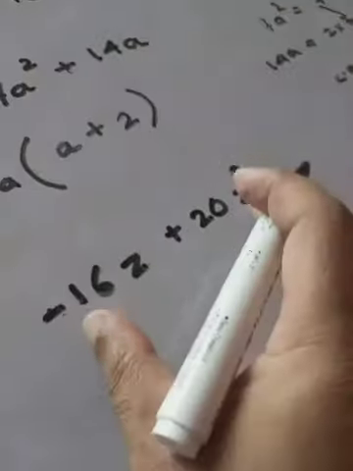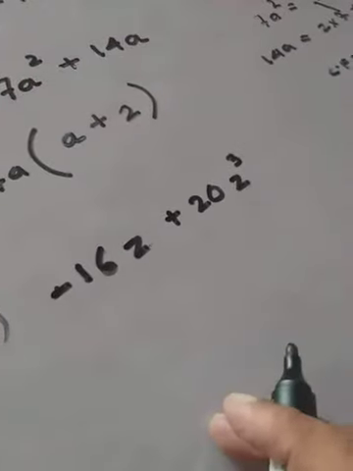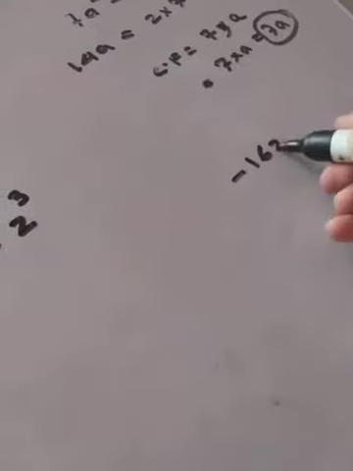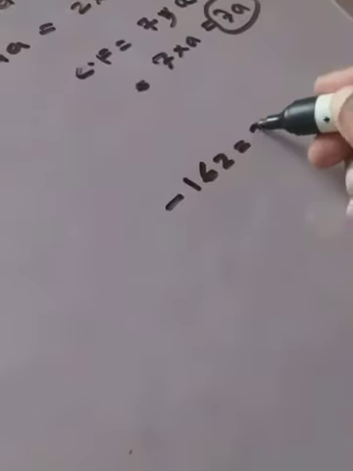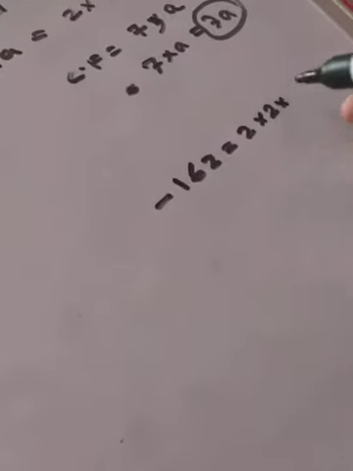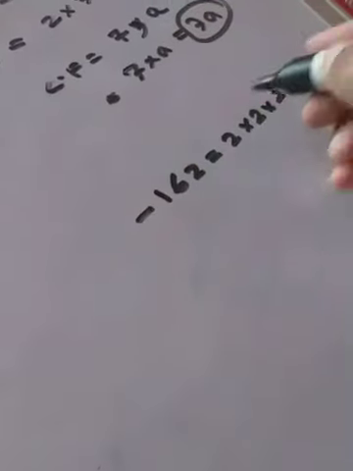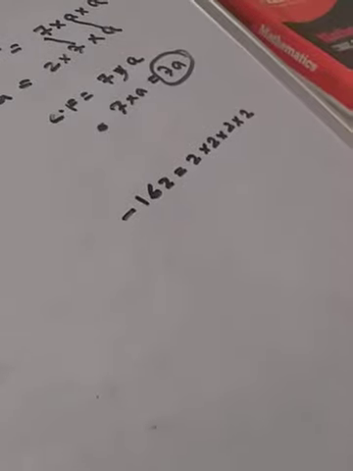Now how will you decide what the common factor is? If you are confused, again take minus 16z. How is 16 written? 2 into 2 into 2 into 2, and one minus sign also has to be there.